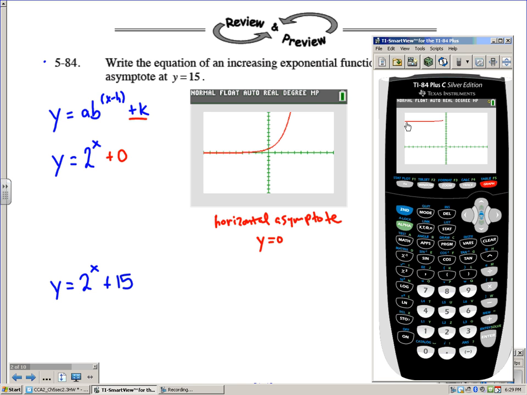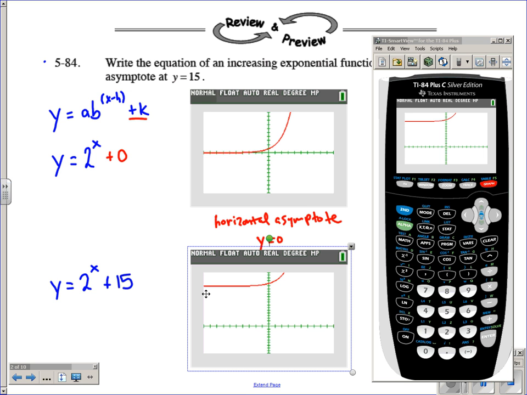And you'll see here, now we're going to have a horizontal asymptote that runs right there where our y value is going to be 15. So I'll pull that one out here so we can have it on here as well. Remember, that horizontal asymptote, if we were to draw it in here, our graph would run right along the asymptote there, but it would never actually touch it.